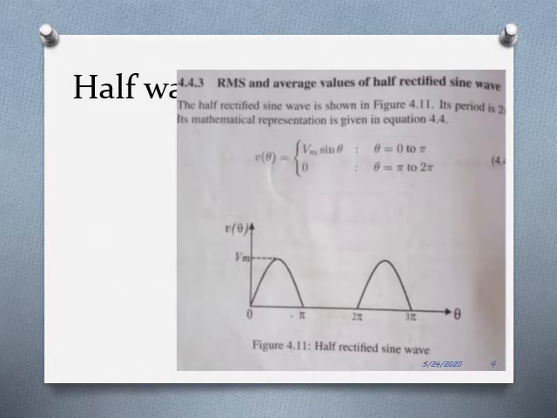So V of theta becomes Vm sin theta for theta 0 to pi and 0 for theta pi to 2 pi. So here the time period taken is 0 to 2 pi because the repetition of the waveform is starting from 2 pi.